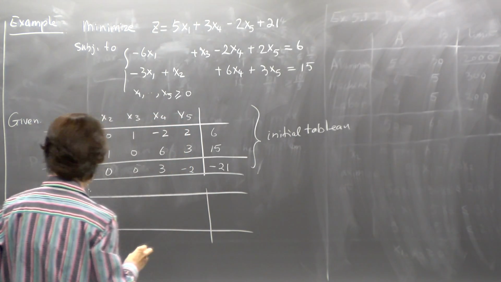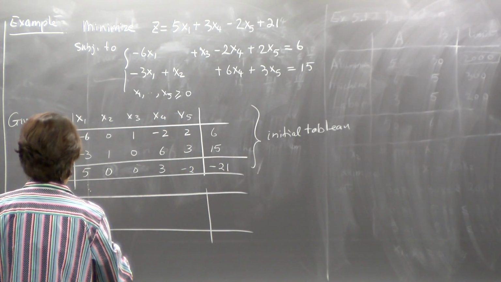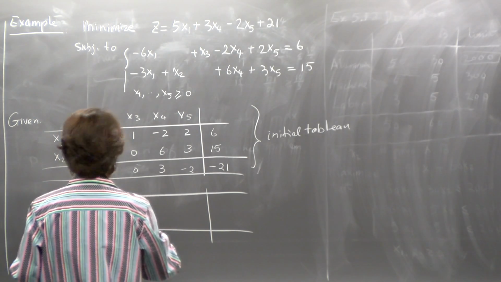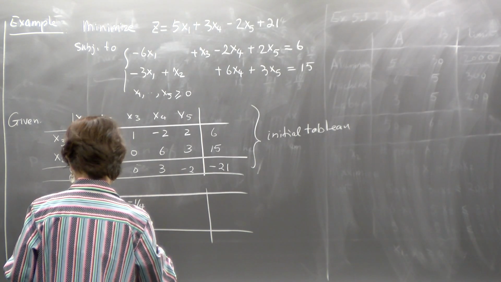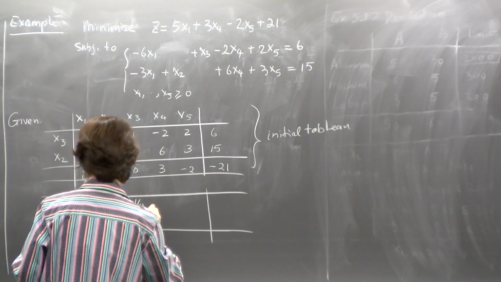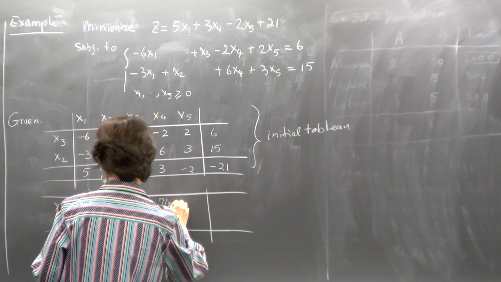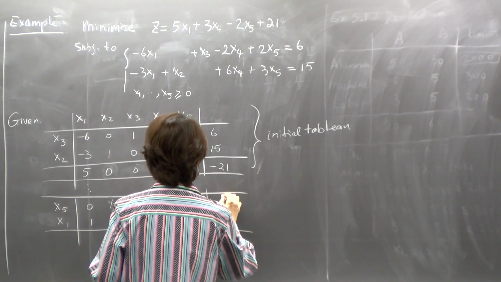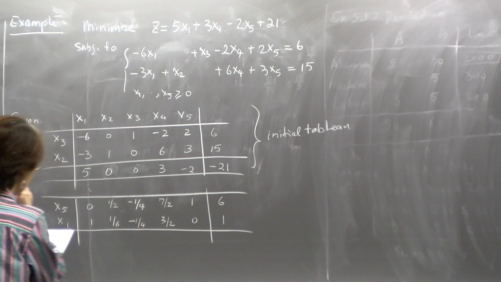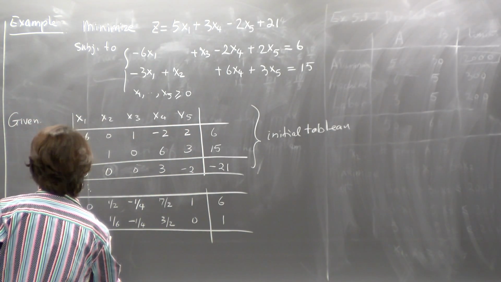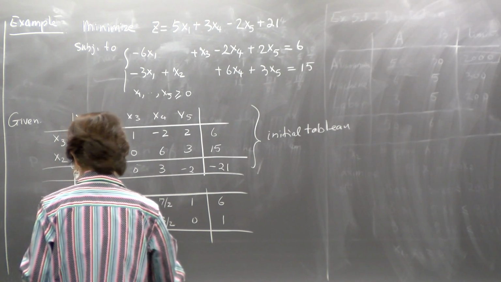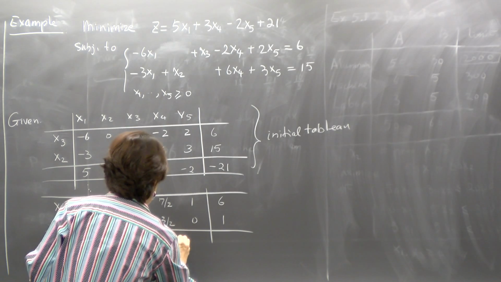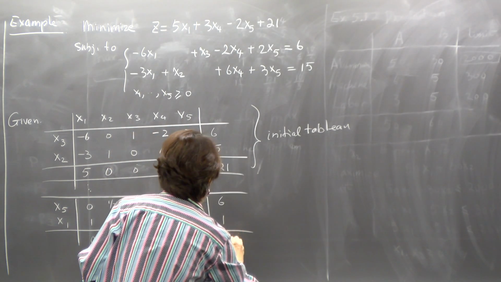Let me copy these numbers: 0, 1, then 1, 6, -1, 4, 7 over 2, 3 over 2, 1, 0, 6, 1. That's the A star part. And I have 0, 1, 6, 3, 4, 5 over 2, 0, and -14.